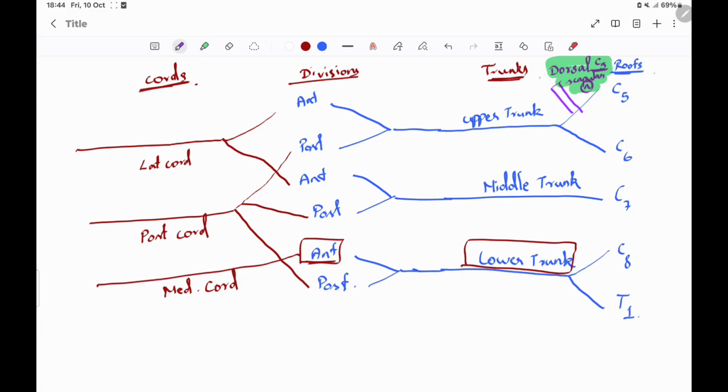And C5, C6, C7 give the long thoracic nerve.